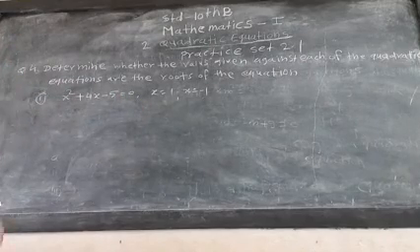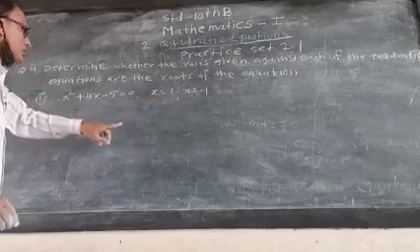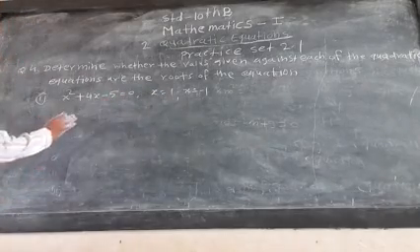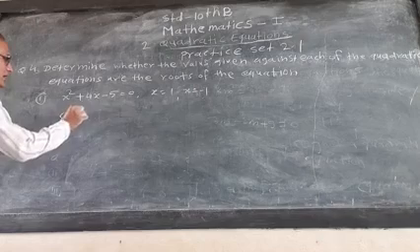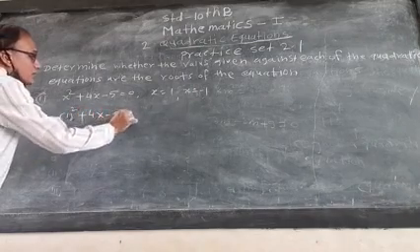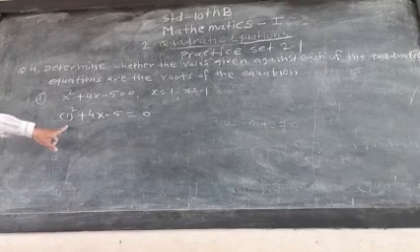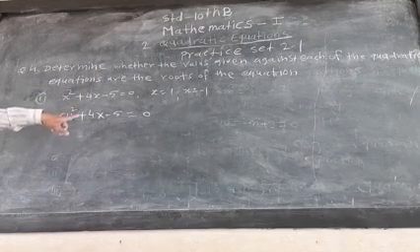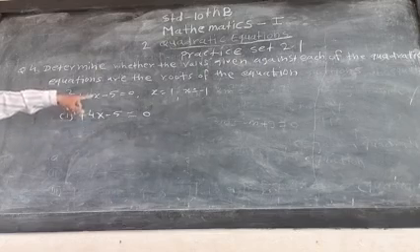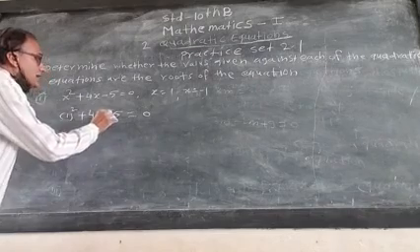Only one example now. Put the value of x as 1 in this equation: 1 square plus 4 into 1 minus 5 equals 0. Square of 1 is 1, plus the product 4 into 1 is 4, minus 5.